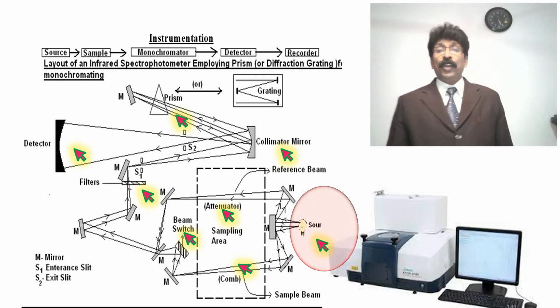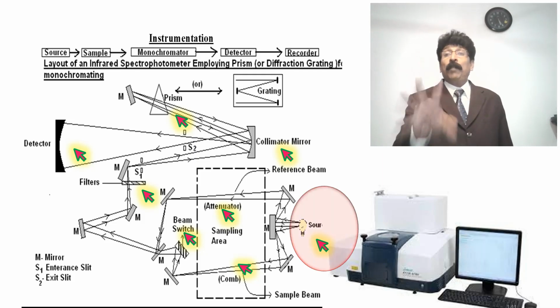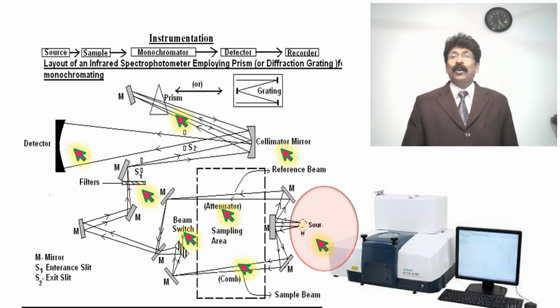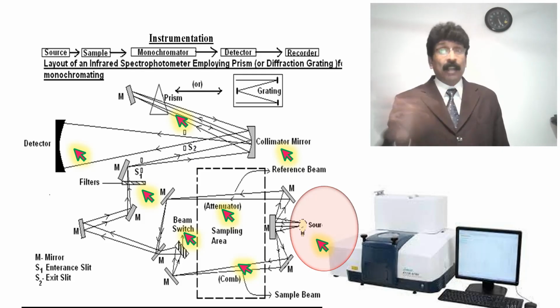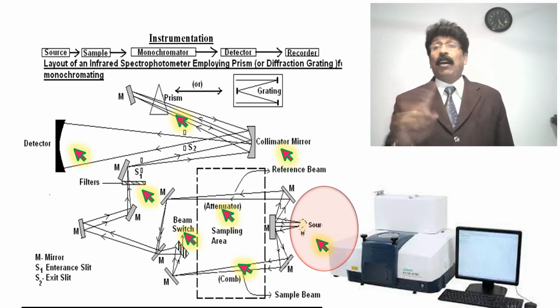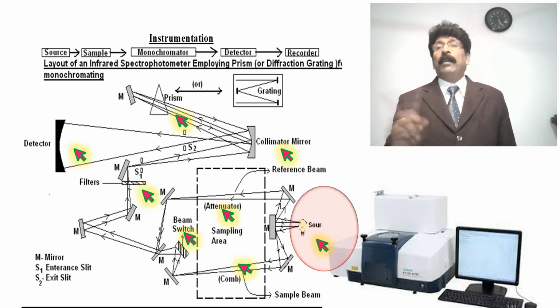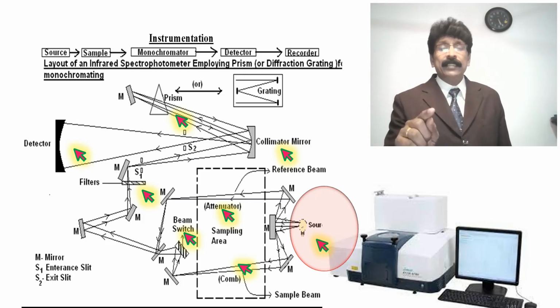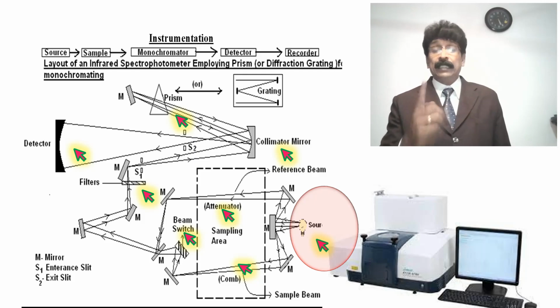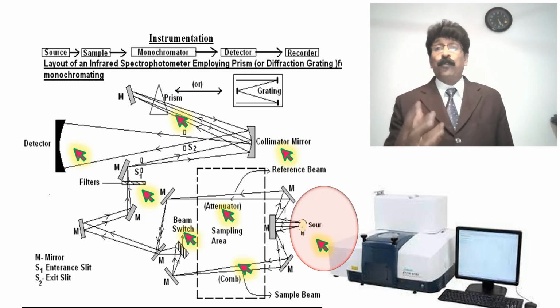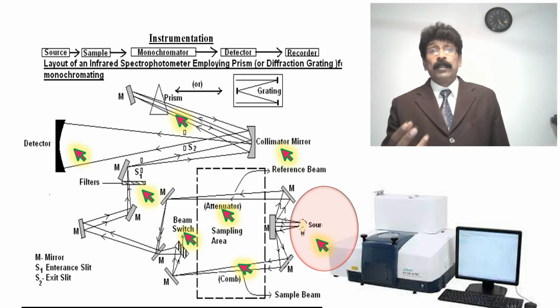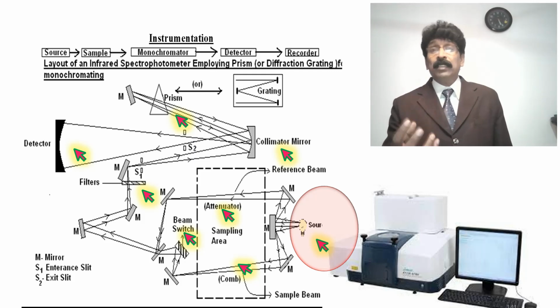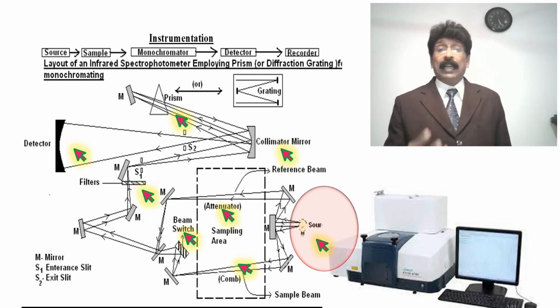So that's what I want you to remember. Again, the student should note, I just made a circle. The source is not the tungsten light or the hydrogen light. Here the source is a wire heated to temperature, silicon wire, burnt, temperature controlled, emitting IR rays.